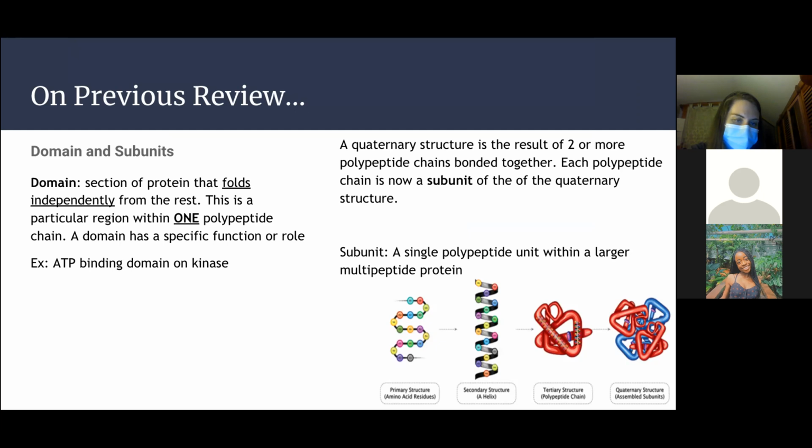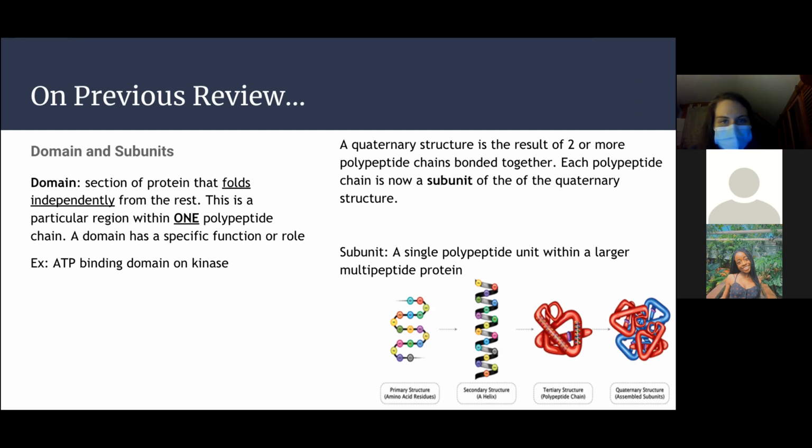You might not know what that means right now, but once you finish this class, you might understand what a kinase does and what its function is. I just included this example to think of something in real life. An ATP binding domain sounds like it has a job or function regarding ATP.